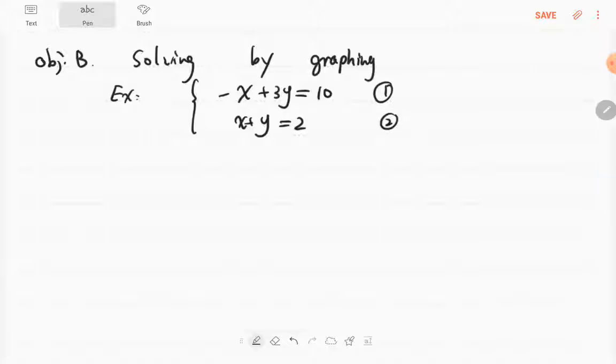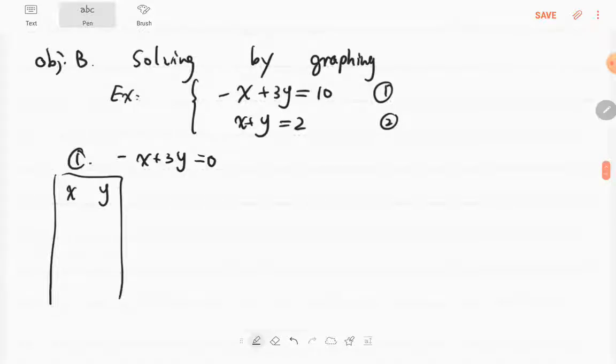We can find several points for each line, each equation, to help us draw the straight line, right? For the first equation, we can list the table just like we used to do. We can use 2 points, 3 points, doesn't matter.